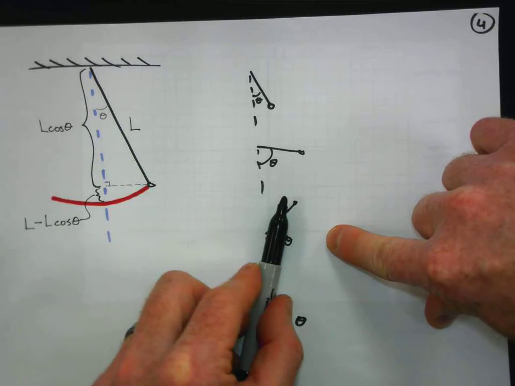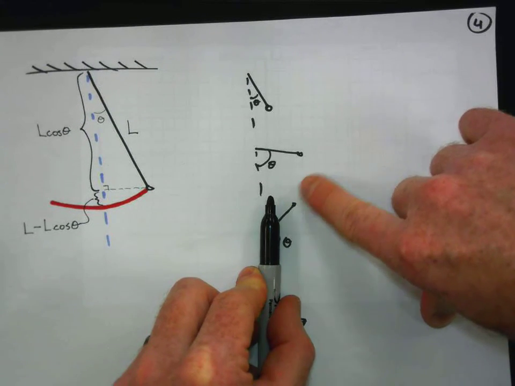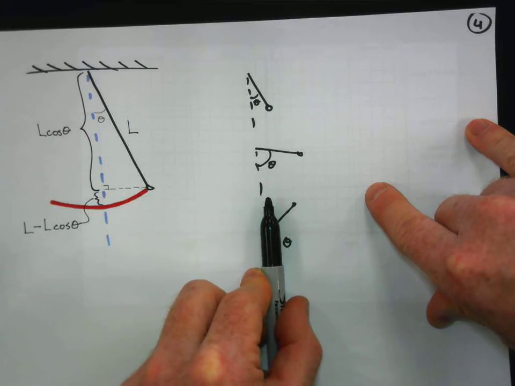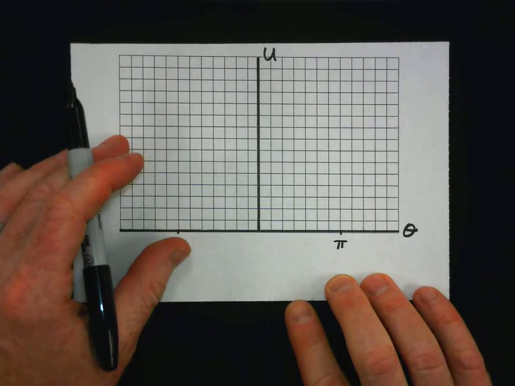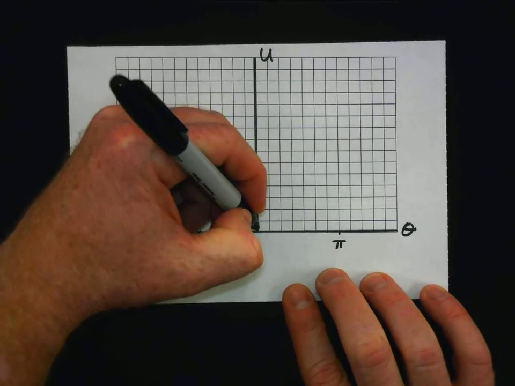But when theta is close to 180 degrees or pi, then the vertical position is changing very little as that angle changes. And you end up with this neat looking and interesting, basically a sine wave, right?